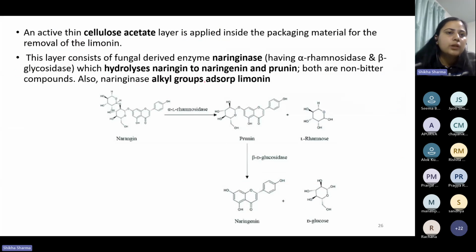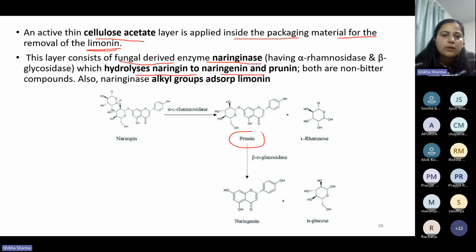So we usually use a thin cellulose acetate layer, which is applied inside active packaging or the packaging material for the removal of the limonin compound. This layer also consists of fungal derived enzymes, naringinase, which hydrolyzes naringin into two compounds.